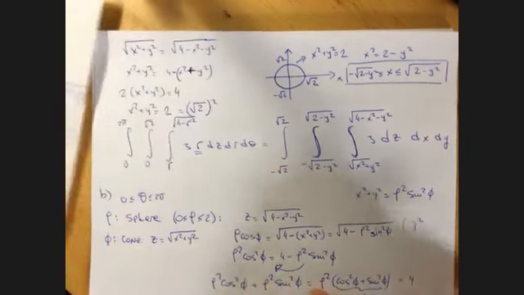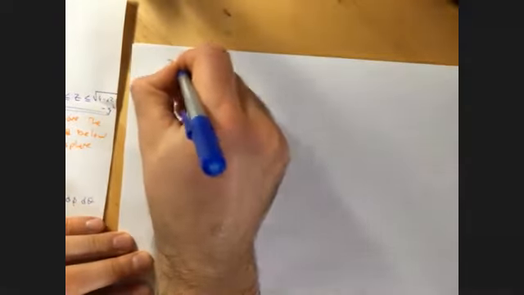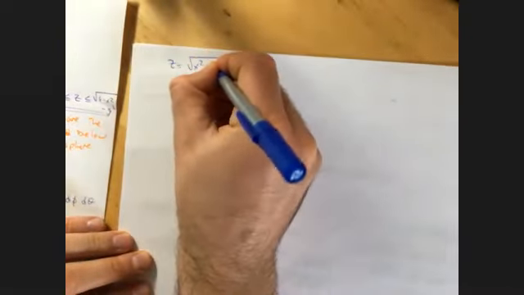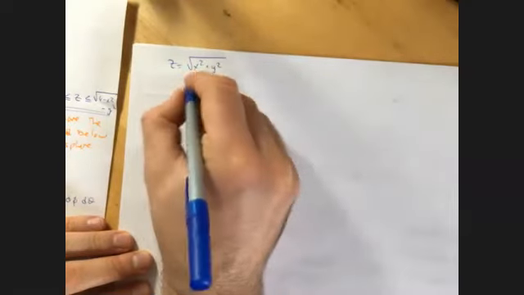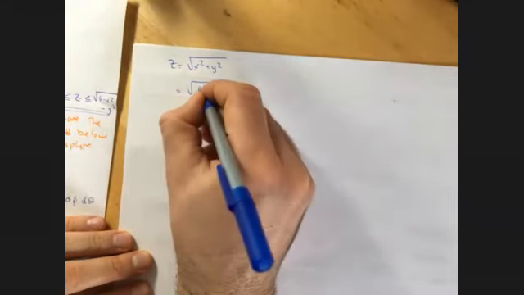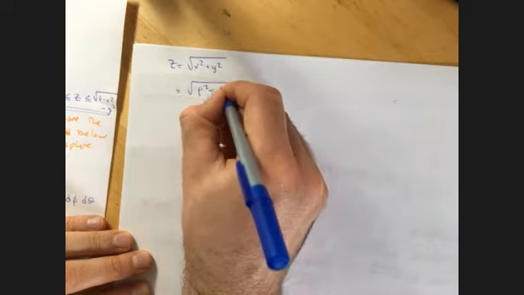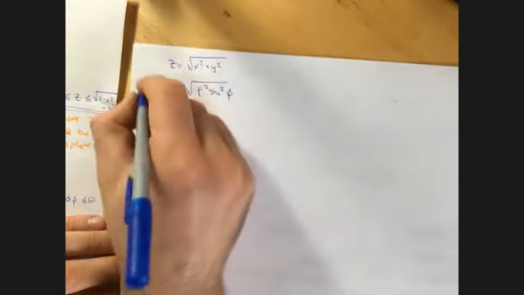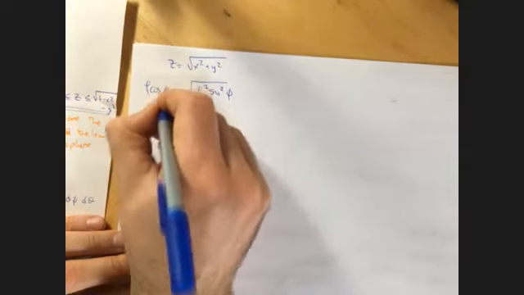So let's look at the cone. So z is equal to the square root of x squared plus y squared. This x squared plus y squared, as shown again, is rho squared sine squared phi. On this side I have rho cosine phi.